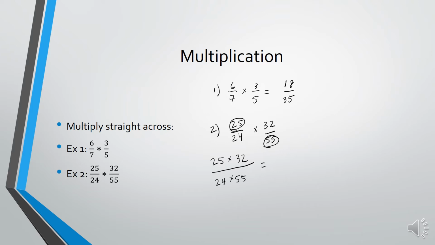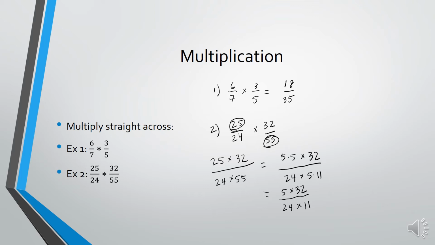But I'm going to start with the 25 and the 55. So 25, I could take out a 5. And then 55, I could also take out a 5. So I've reduced this down into 5 times 32 over 24 times 11. So I took out a 5 from both the 25 and the 55.